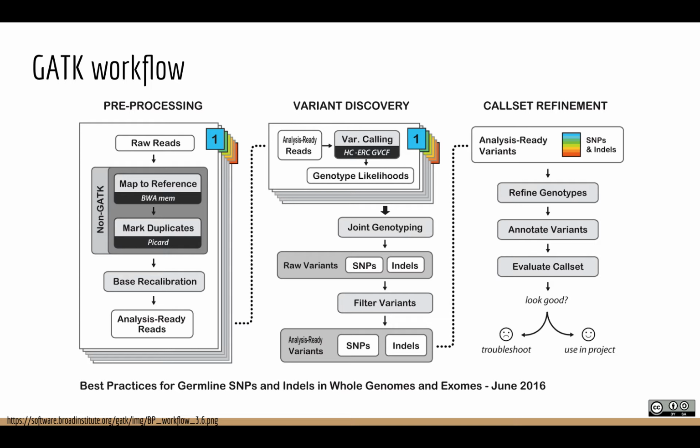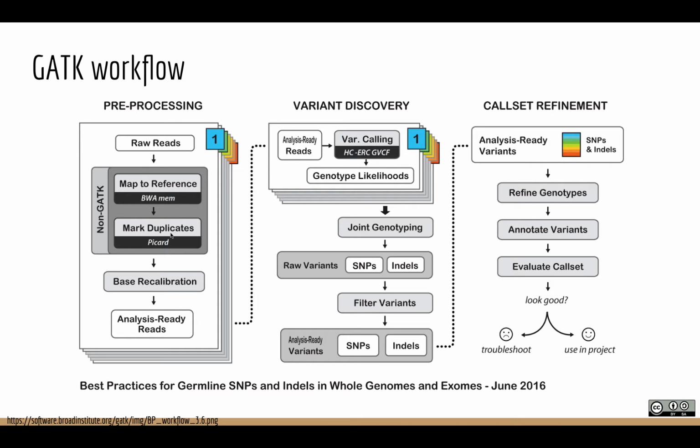This first phase is mostly stuff we've talked about. We start out with raw reads. What format is that in? FASTQ, right? We map them to a reference genome. We talked about how that works. They recommend doing that with BWA-MEM.